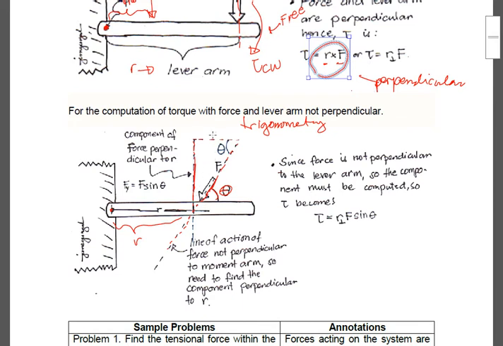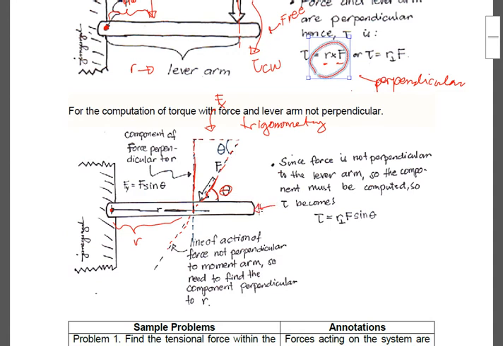Now, what about this force here? What is the effect of this force, the Fx? What will be the effect of this force on the system? Well, it doesn't affect the system. It doesn't cause any rotation on the system. Why? If I draw this force here, you have this direction.